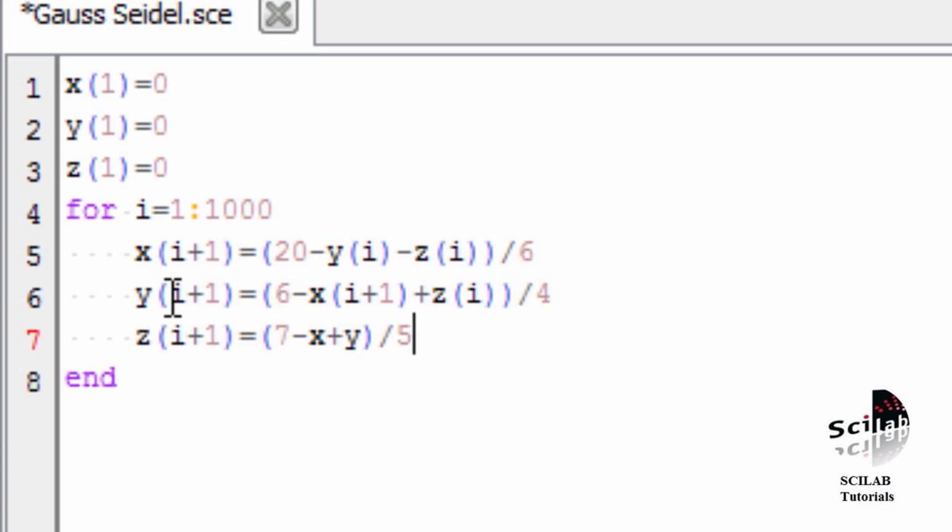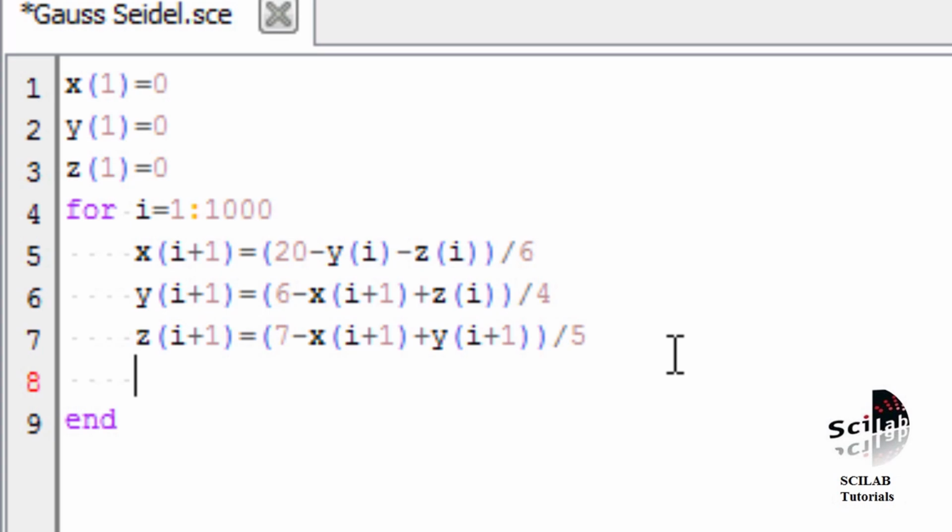We can see we have calculated x of i plus 1 and y of i plus 1 in the previous step, and these are the latest values available to us. So we will use these values, i plus 1, in our formula. So we have calculated the values of x, y and z for the ith iteration.